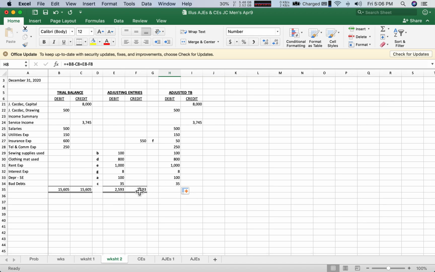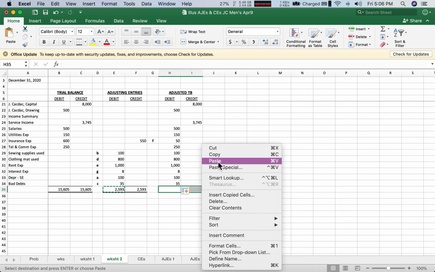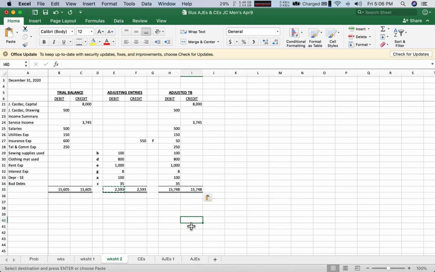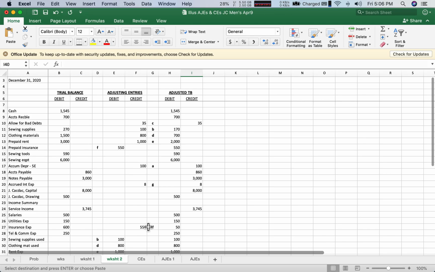So you can just copy any one of these. Copy, paste. See, they balance. So that's double line. That means your posting to the worksheet is correct. So now you have the adjusted trial balance. Isn't that quick? Wow. Okay, we're done.